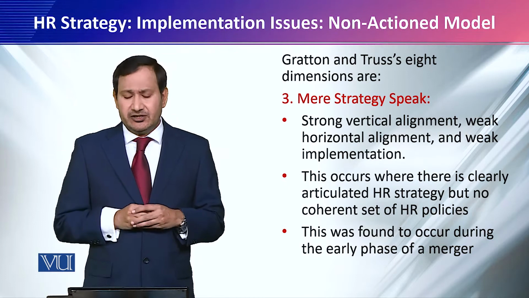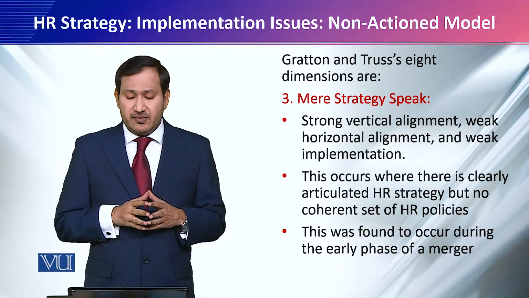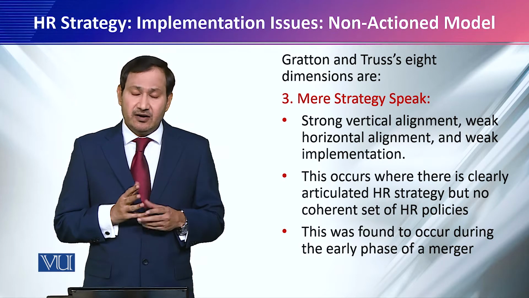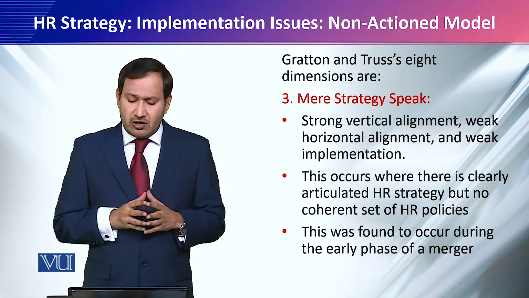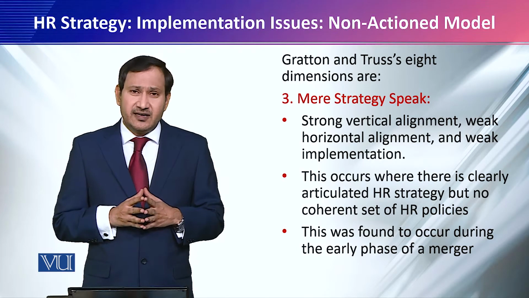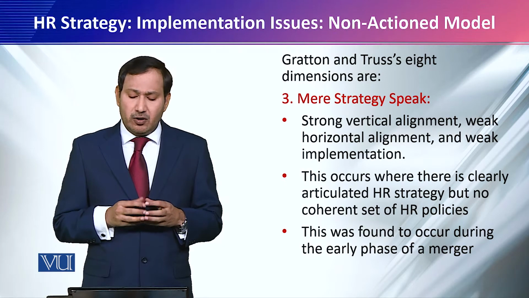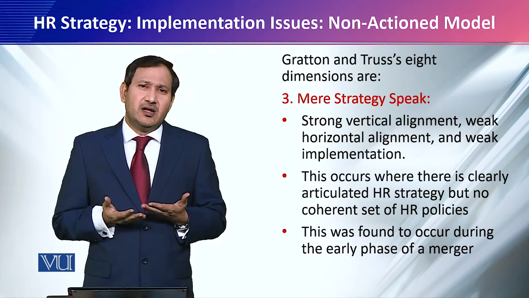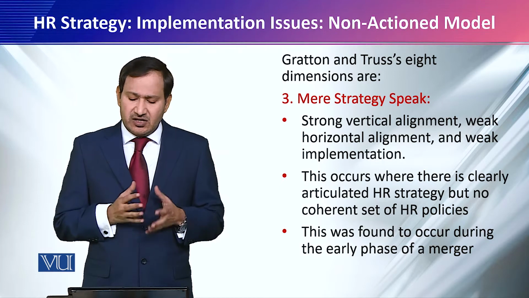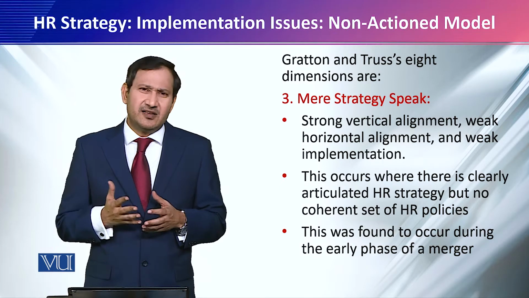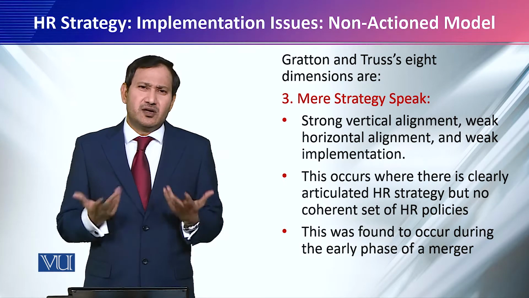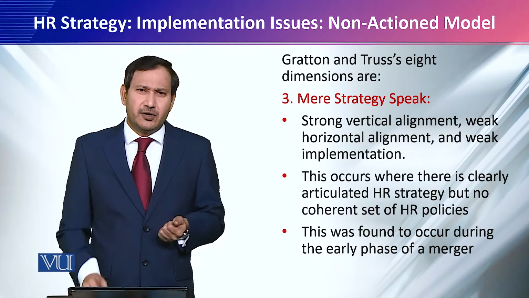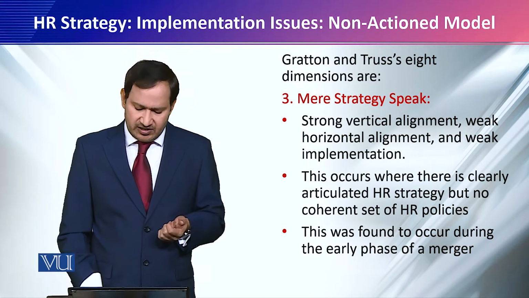So these are the three issues: strong vertical alignment, weak horizontal alignment, and weak implementation. So this occurs where there is a clearly articulated HR strategy, but a coherent set of HR policies does not exist. So this was found occurring during the early phase of a merger. When two companies merge together, this is one of the particular problems in the HR strategy.